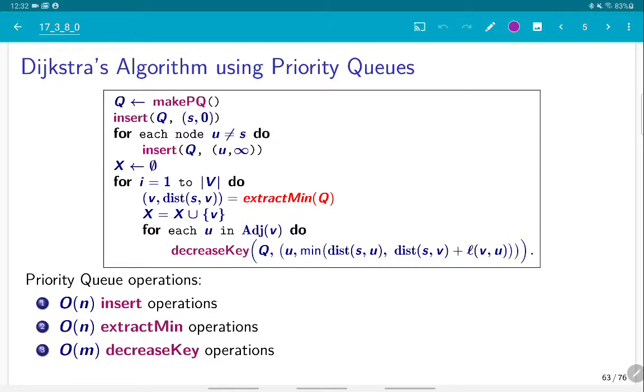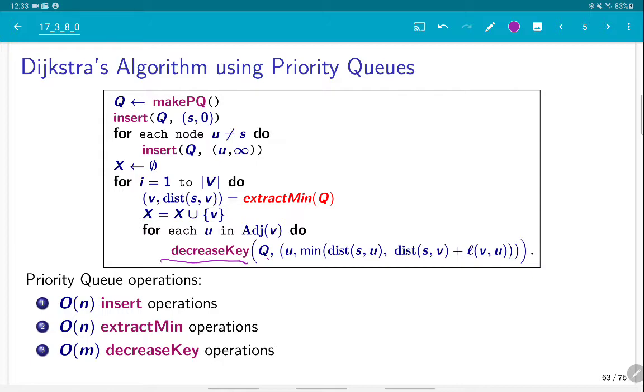So here is how the Dijkstra algorithm looks when using those queues more directly. We maintain in the queue pairs, which are the vertices and the current candidate values. And then now we do this decrease key. Of course, in the decrease key, if the value we are trying to decrease is not improving over the current value, we don't bother to do the decrease key.